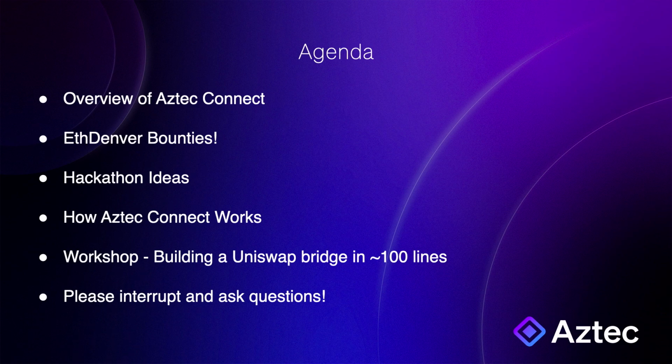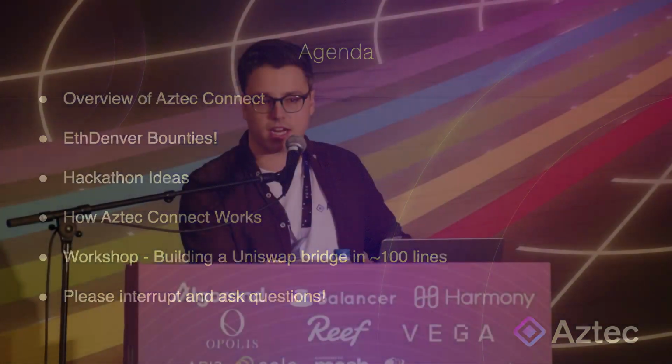Then we're going to attempt to do some live coding and code up a Uniswap bridge to interact with layer 1 Uniswap from inside Aztec using Aztec Connect. I want to make it interactive, so if you want to ask questions, just stop me and I'll do my best to answer them so we can learn something today.